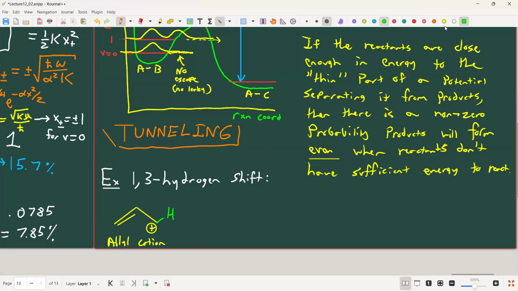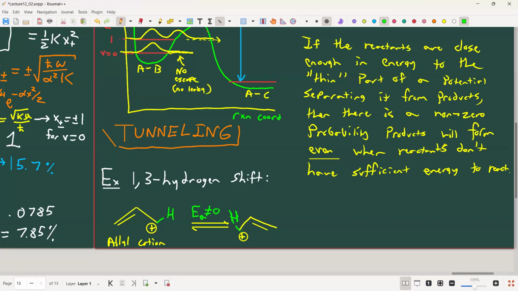This has a resonance structure where the H moves to the other side. So this has a barrier. The activation energy is not equal to 0. It has a barrier.